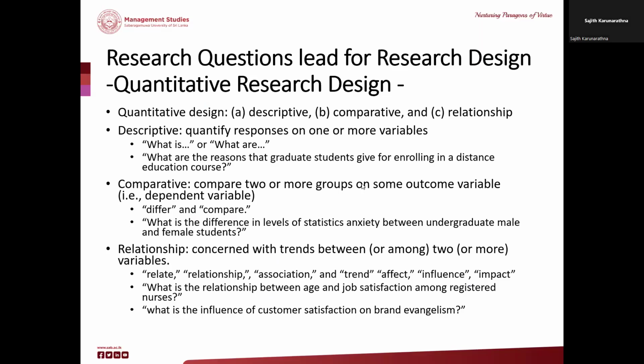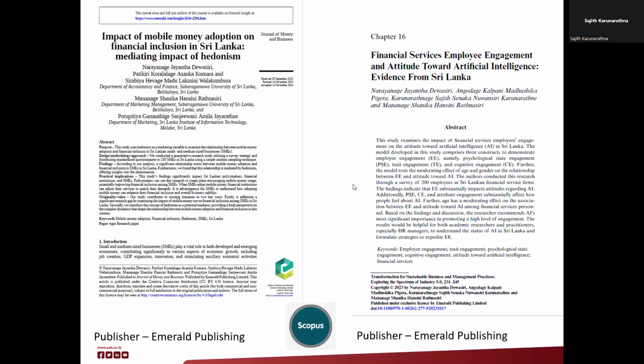So here I have taken some of the studies which I have supervised with undergraduate students during the past 2 to 3 years. We will see what nature of questions they have. You can write it in the Q&A.